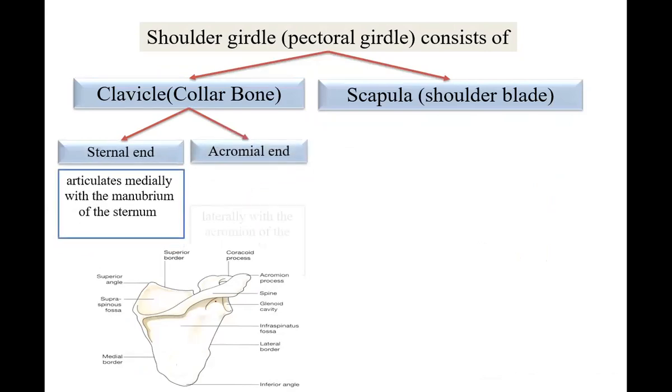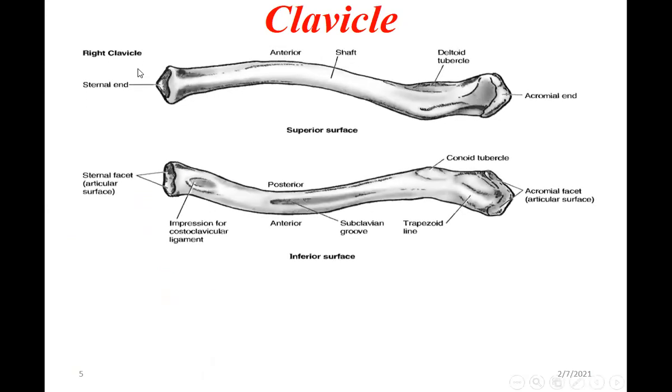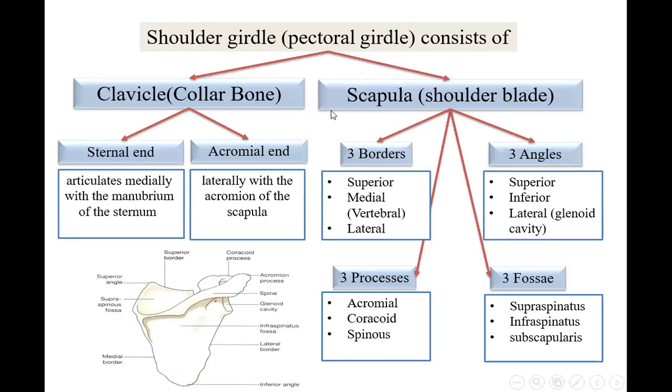If you see the clavicle, it is also called the collarbone. It has two ends, the sternal end and the acromial end. I will show you. So this is the picture of the clavicle. This has the sternal end. This is the sternal end. This is called the acromial end, or it is also called the medial end. The lateral end, sorry. Okay.